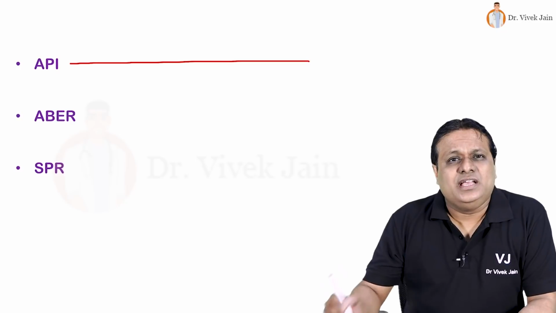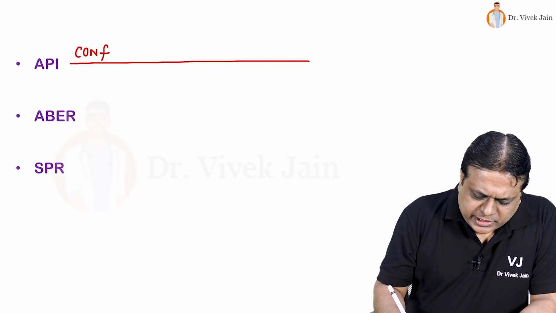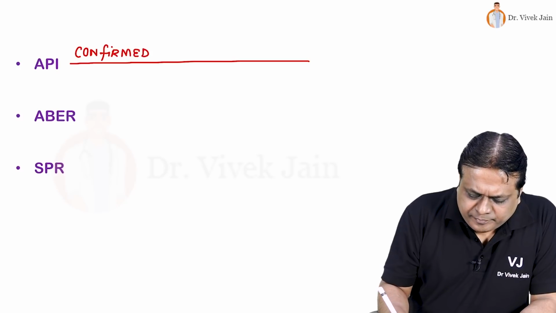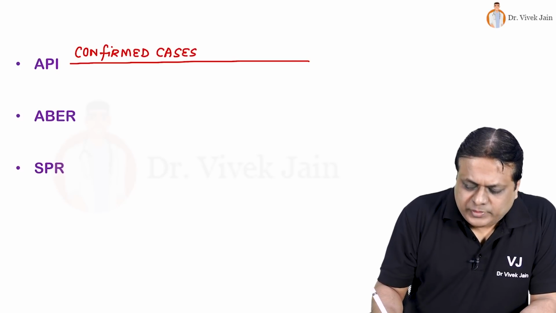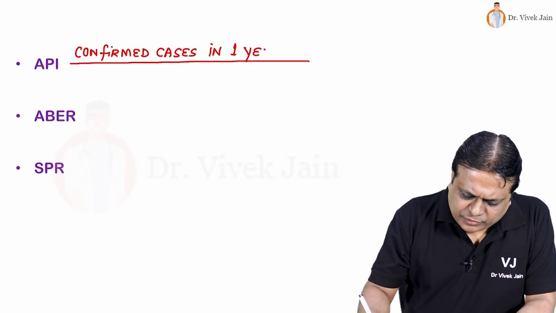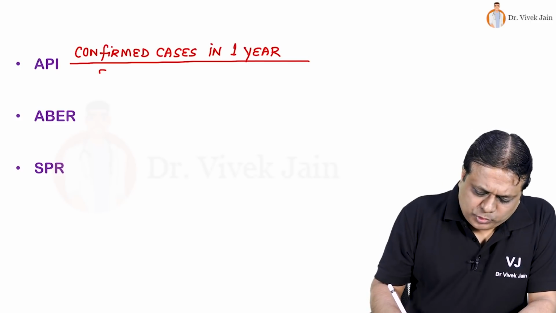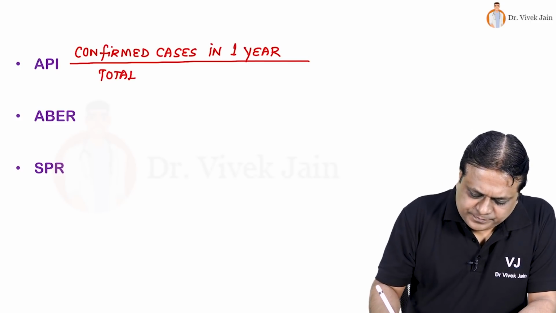I is incidence. It is calculated by the formula, numerator is confirmed cases of malaria in a particular area in a time frame of 1 year, and the denominator is total population under surveillance.